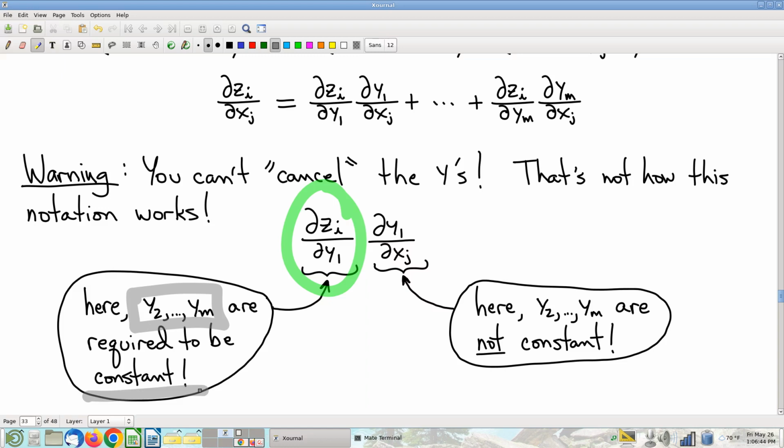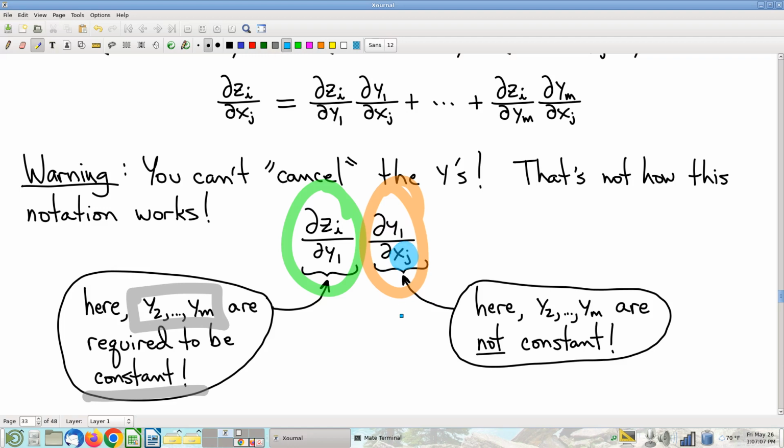Okay, that's true for that partial derivative, but now let's come over here and think about what's going on over here. Forget about all the green stuff on the left. If I want to take the partial of y1 with respect to xj, that means that I'm going to hold all of the other x variables constant, but xj will be changing.